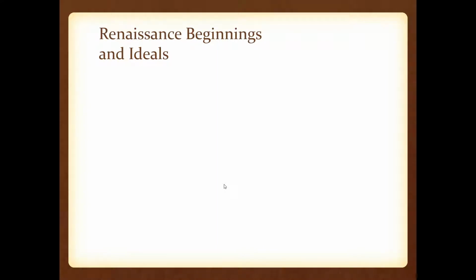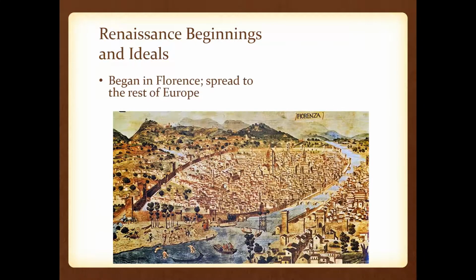And really, you can't talk about the Renaissance without talking about how the Italian states really influenced the Renaissance, beginning with Florence. Now, Florence is one of the most important cities in the Renaissance and is the cradle of the Renaissance, mainly because of its importance as a merchant hub.